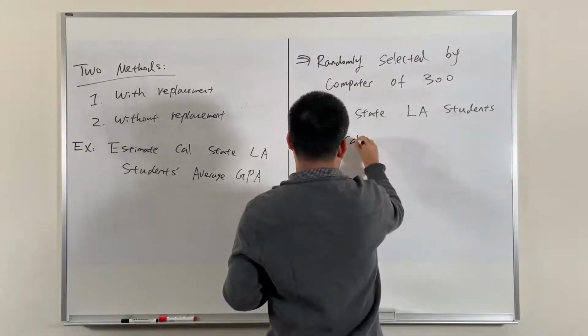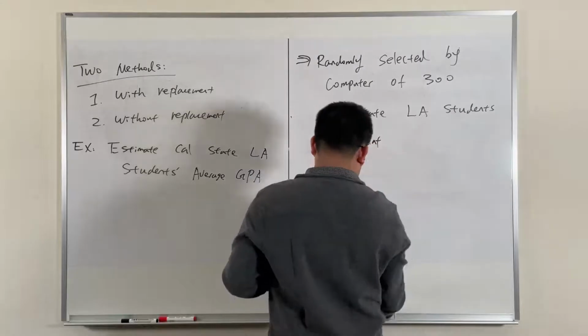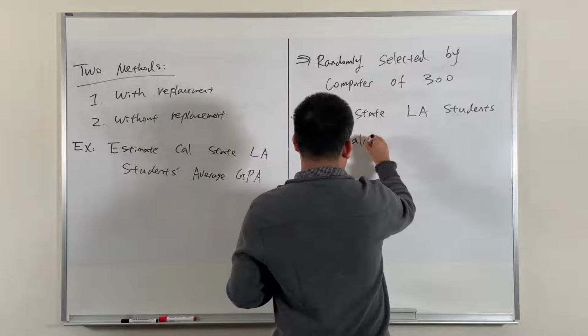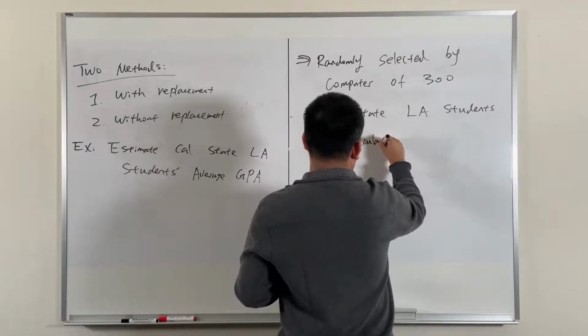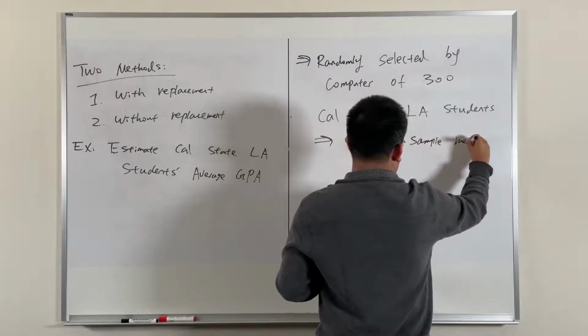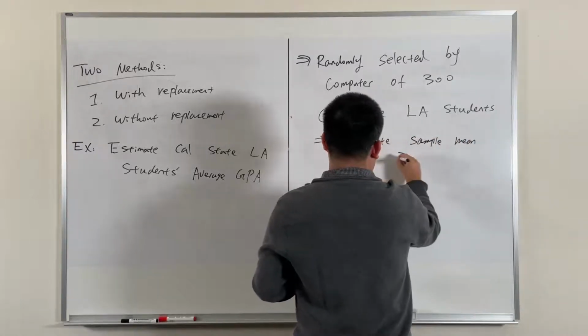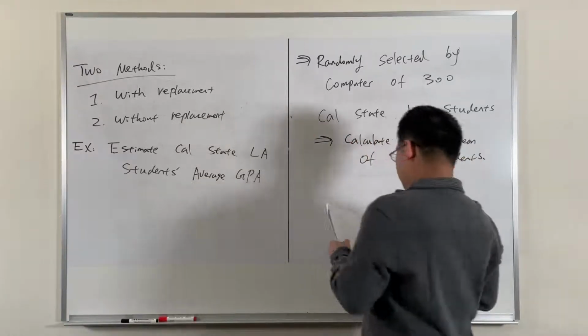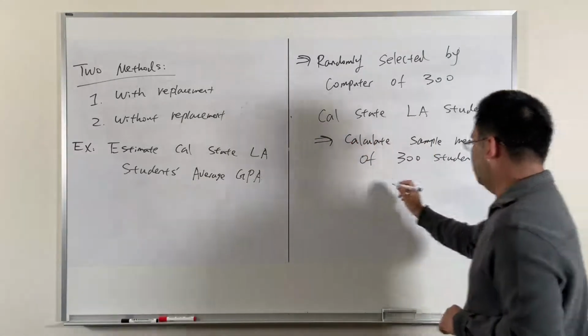I'm going to calculate the sample mean of these 300 students. Okay, and then we're going to get our X bar, right?